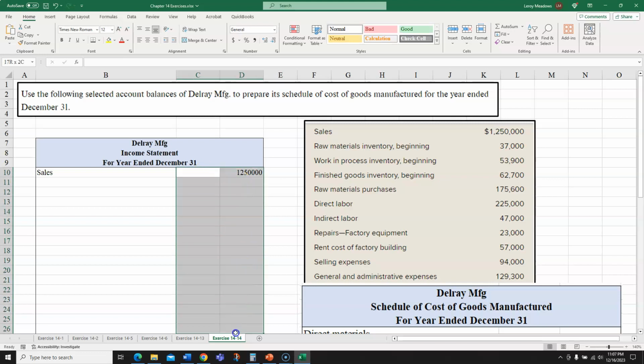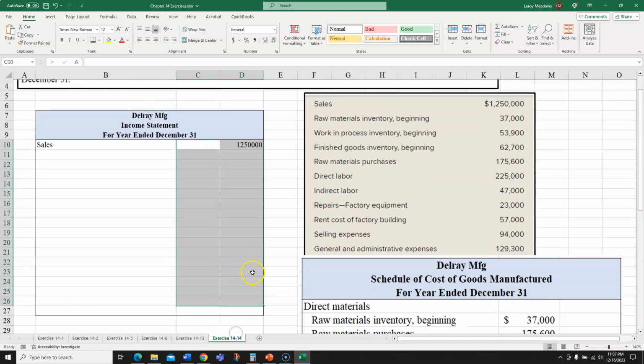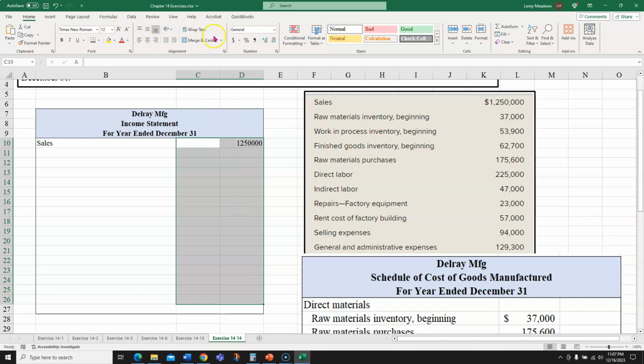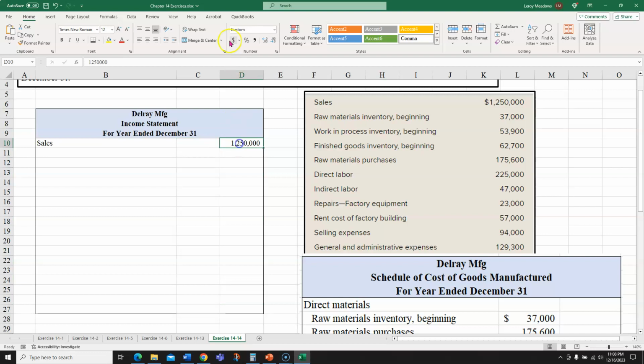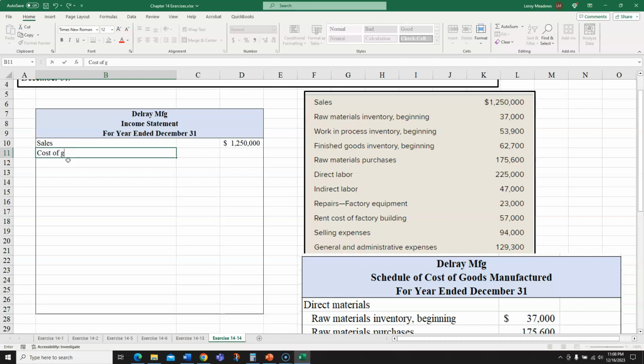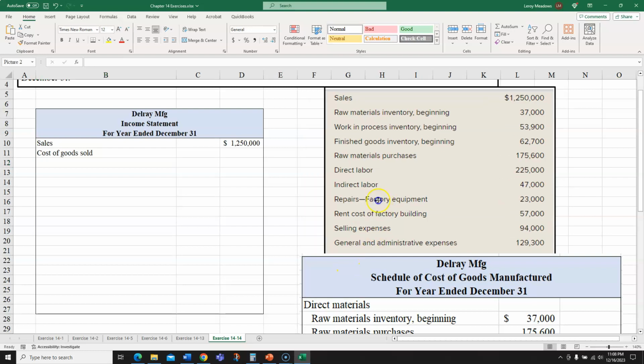Okay. So now we have cost of goods sold. Sales minus cost of goods sold. So how do we compute that? Well, we're not given the cost of goods sold here directly, but we can figure it out. Why?